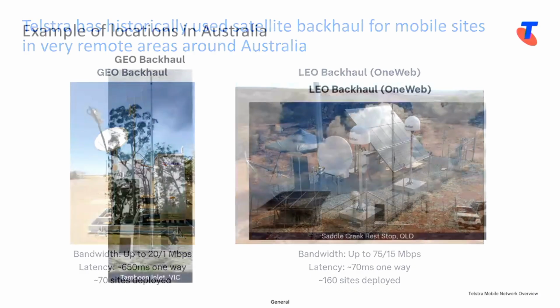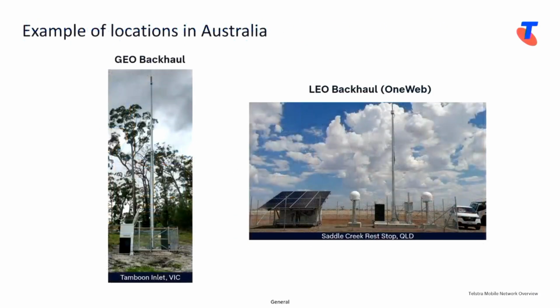I was going to talk about some examples here in Victoria, where we had deployed one for GEO, for the bushfire. That's Tambo Inlet, if someone knows where that is. And there's another one in Queensland. Just calling out these two antennas here. For LEO, there's an interesting way of handling handover. These two antennas, which look a bit like lollipops, pick up two satellites because the satellites move so quickly in the sky.